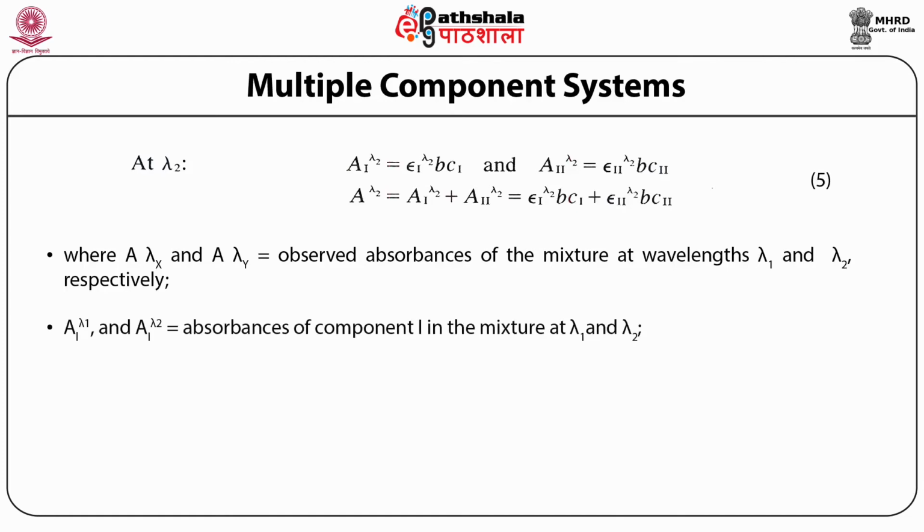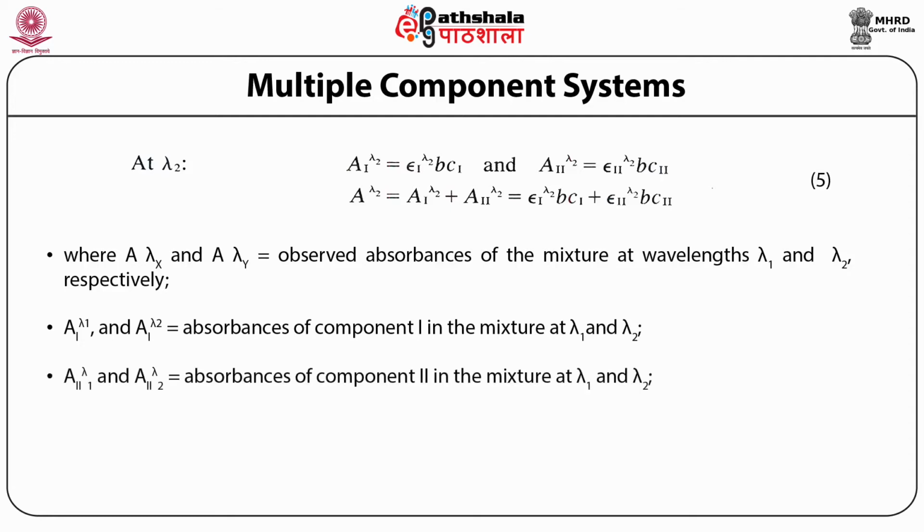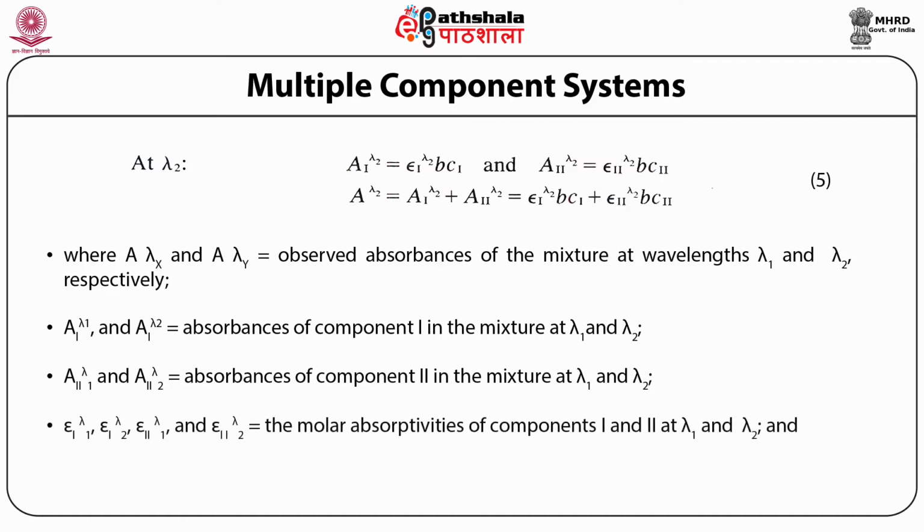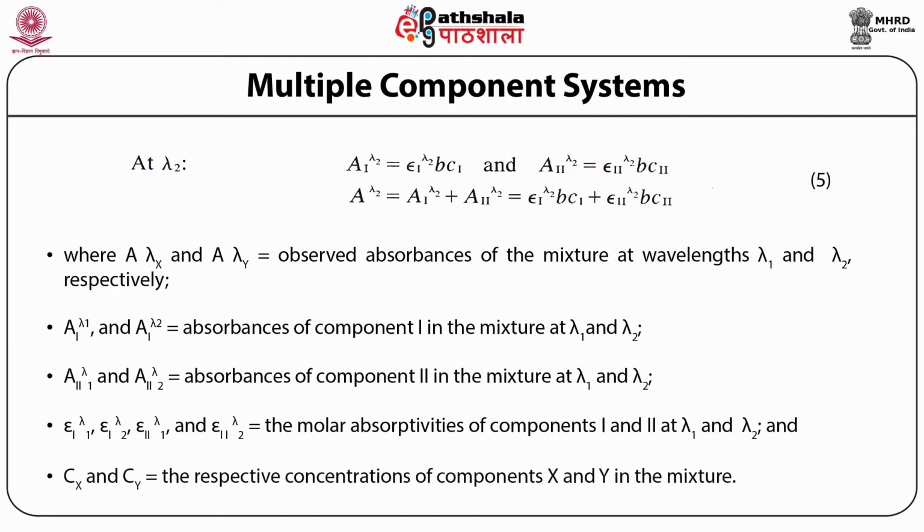And these are the absorbances of component 1 in the mixture at lambda 1 and lambda 2, and the absorbances of component 2 in the mixture at lambda 1 and lambda 2. If we combine the molar absorptivities of components 1 and 2, they are taken at lambda 1 and 2 respectively. Cx and Cy are the respective concentrations of components 1 and 2 in the mixture.